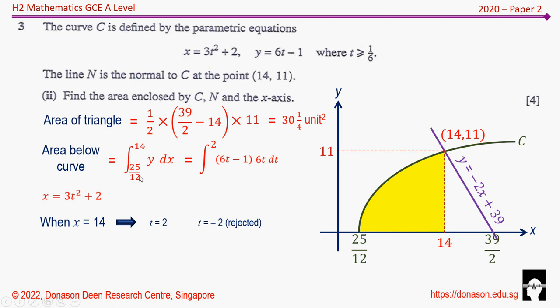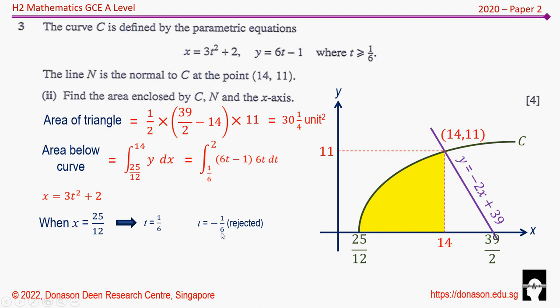Now we're going to do similarly for the lower limit, which is 25/12. So when x is equal to 25/12, let's equate that to 3t squared plus 2 and look for the values of t. We do the same way: we take 25/12 minus 2 and then divide by 3 and square root the answer. We should be getting t equals 1/6, or t equals negative 1/6.